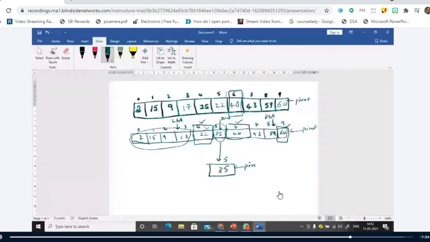What is the value of left here? 5, sir. Super. What is the value of right? 5, sir. 5. Therefore, both left and right are pointing to the same location.